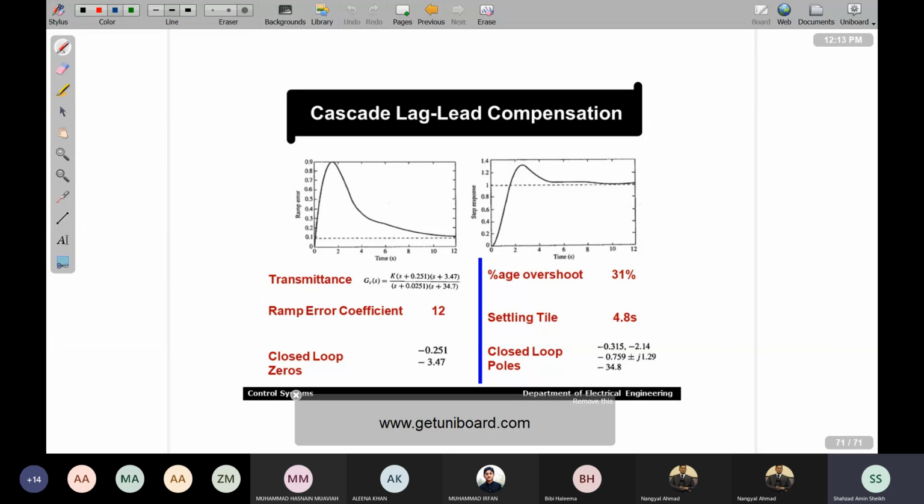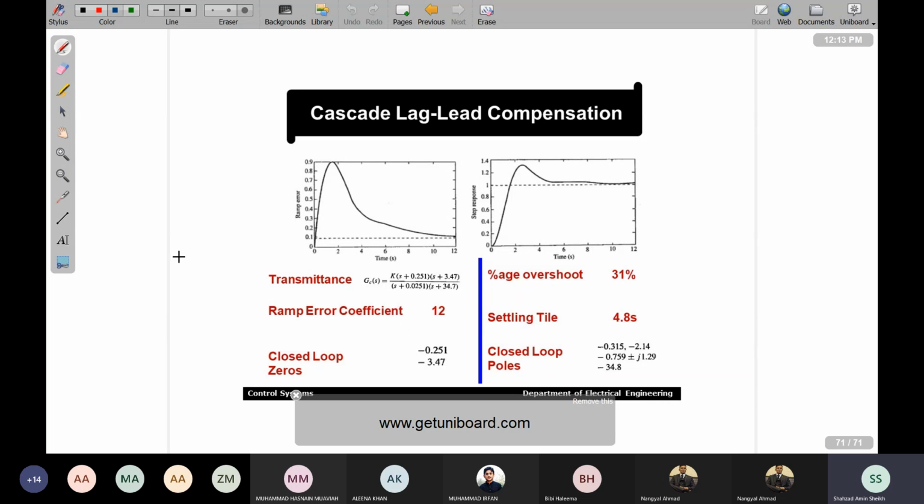So when we compare it with other systems, the ramp error has less steady state error than that for the lag compensated system, but much lesser than for the lead compensated system or uncompensated system. You can compare it. और अगर ये मेरी transmittance है, which we have already talked, ramp error coefficient जो है, that is 12.